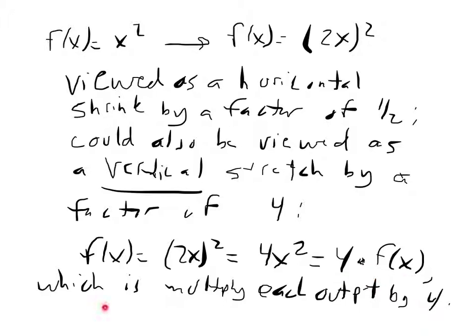That's 4 times f of x, which will actually be a vertical stretch by a factor of 4. So in this case, for my quadratic x squared, replacing x with 2x is equivalently either a horizontal shrink by a factor of 1/2 or a vertical stretch by a factor of 4.